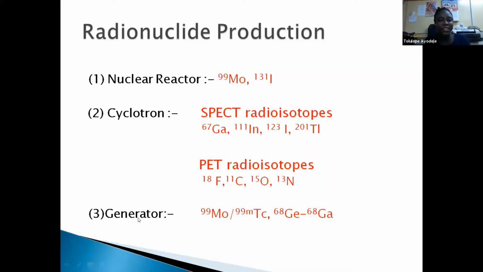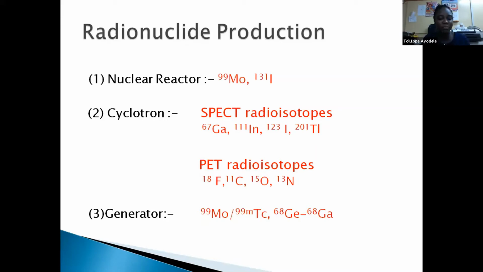There's also the generator system, whereby we have a parent-daughter generator. An example is the molybdenum-99, technetium-99m generator, whereby we're able to separate the daughter radionuclide, technetium-99m, from the mother radionuclide, molybdenum-99, through a chemical process.